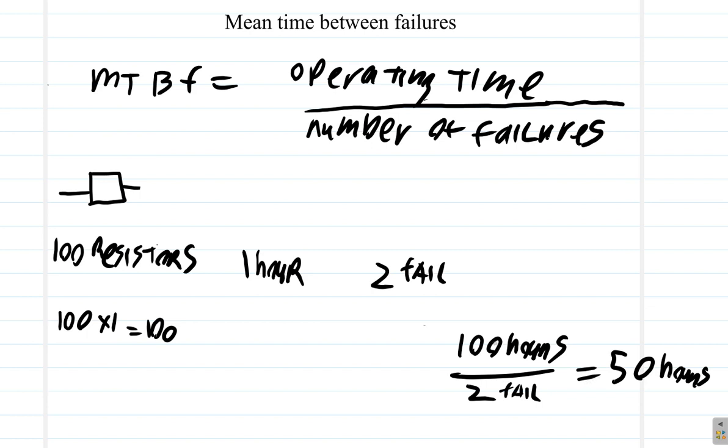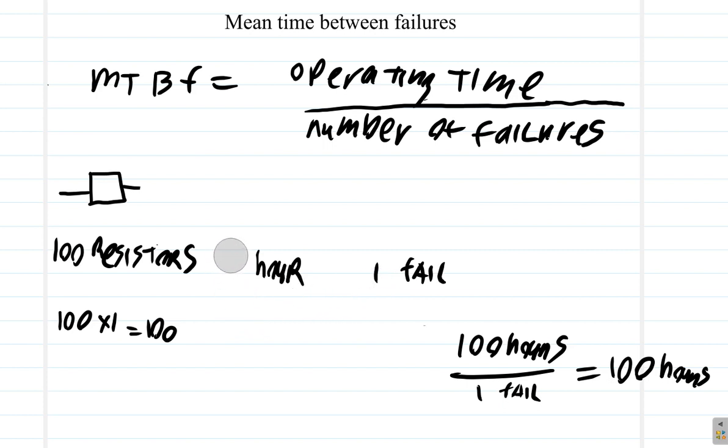But then, suppose only 1 of them failed. Only 1 failure you had. Then you expect greater reliability, higher quality resistors. So 100 hours over 1 would give you 100 hours between failure. Right?